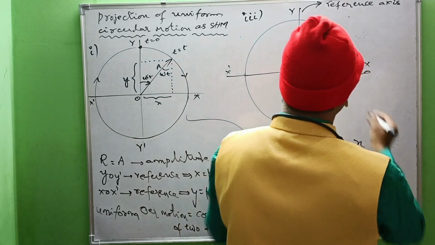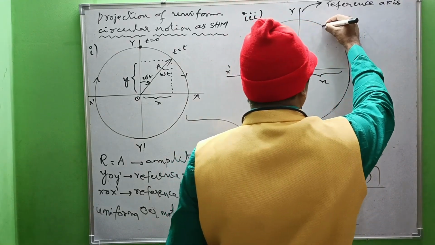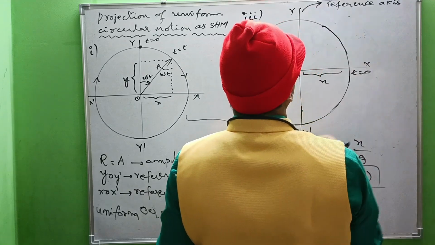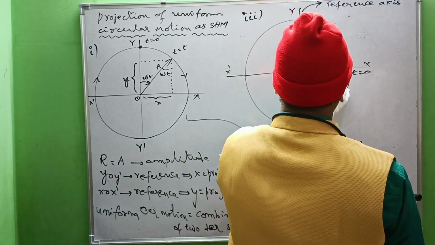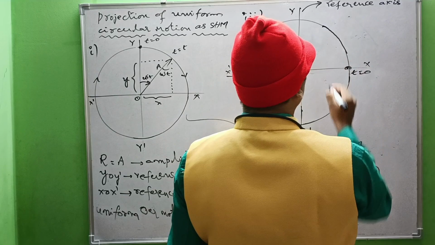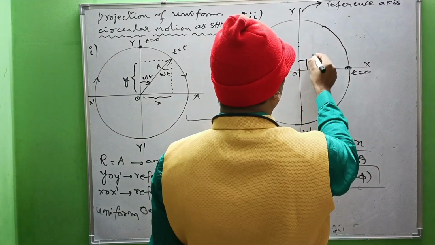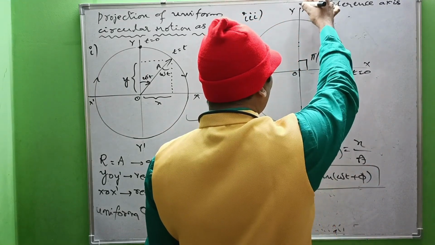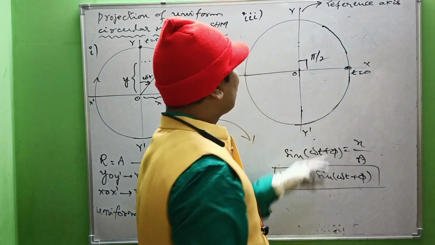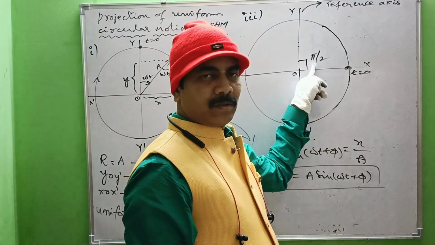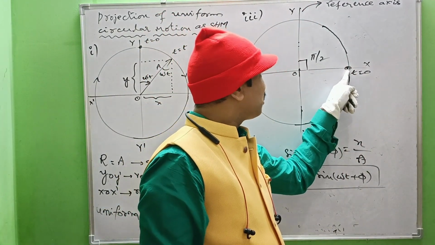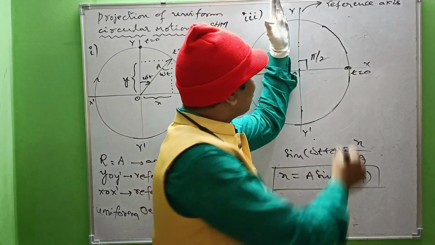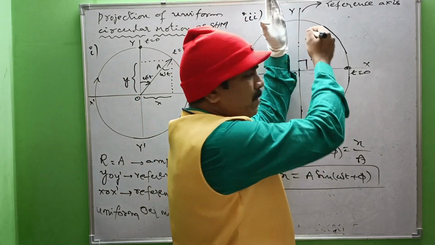Initially the particle lies somewhere here. See, I want to complete the circle here. Right? So at t equal to 0, this is the position of the particle. What is the initial phase here? Pi by 2. Already with reference to y over y dash, it has some initial phase pi by 2. Why? Because at t equal to 0, this is the position. So with respect to this axis, it already has initial phase pi by 2.